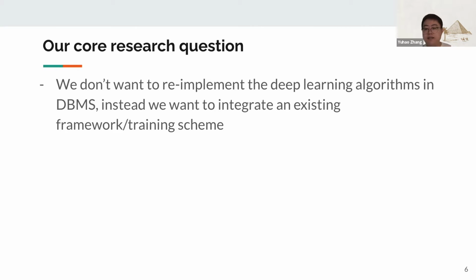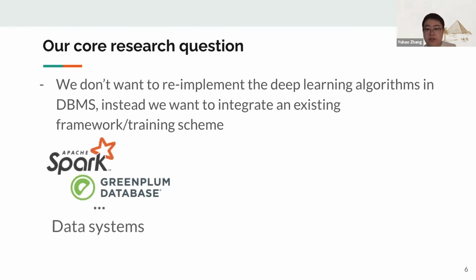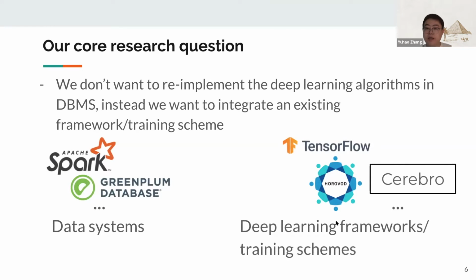Second, these industrial-grade deep learning tools provide advanced compilers and algorithms that we can leverage. So instead, we want to integrate an existing deep learning framework and a training scheme into existing data systems.